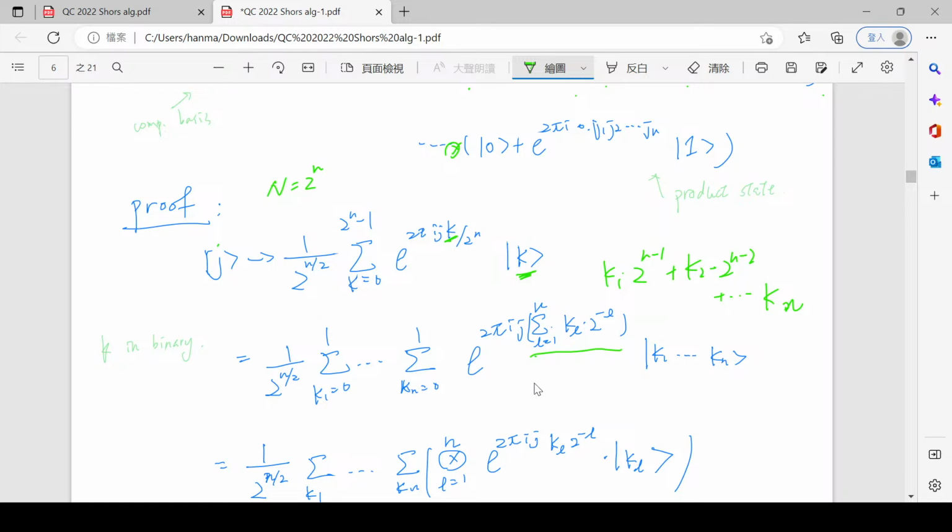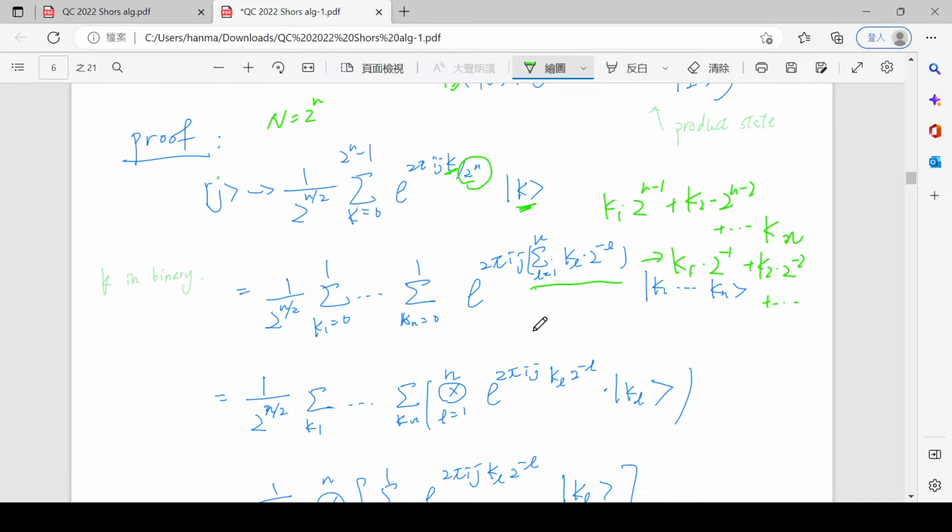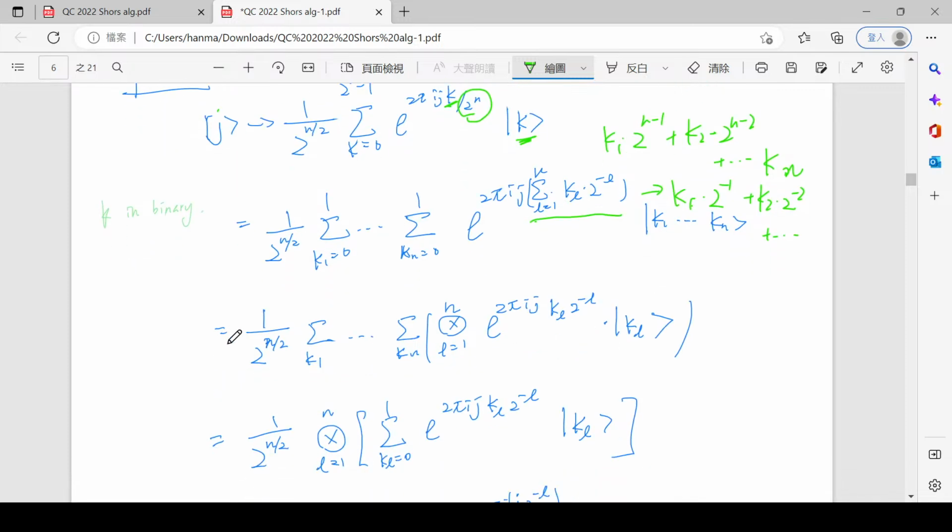But we are also combining this with dividing by 2 to the n, and that turns it into k1 times 2 to the minus 1 plus k2 times 2 to the minus 2 plus and so on, right? And that's the summation here. It's just writing k in binary, then shifting everything by n bits because you are dividing by 2 to the n. Okay? So nothing really happened here.